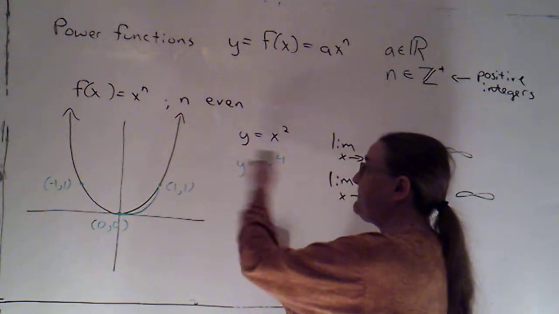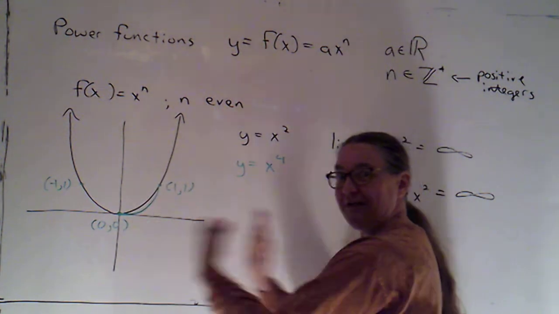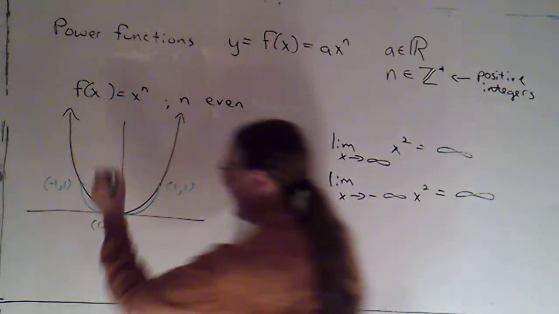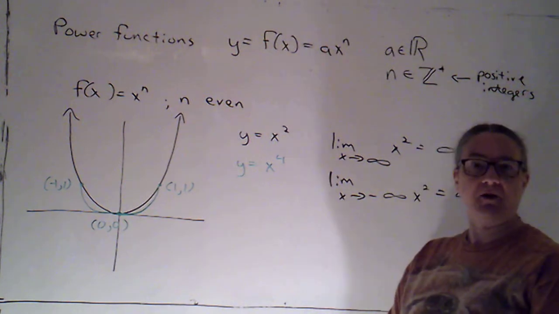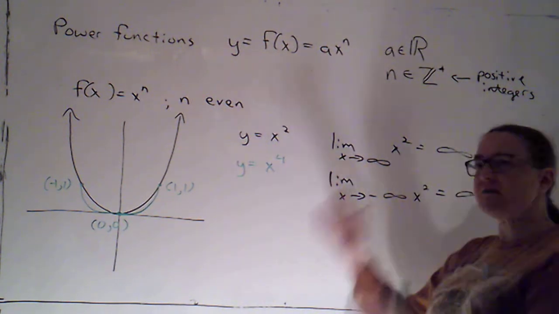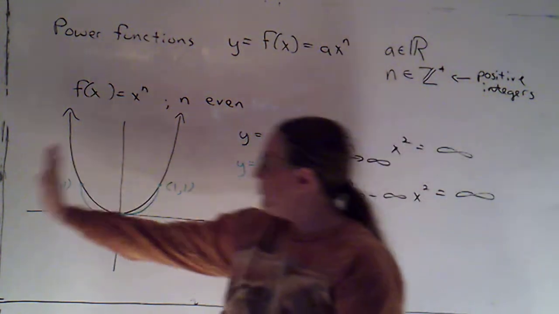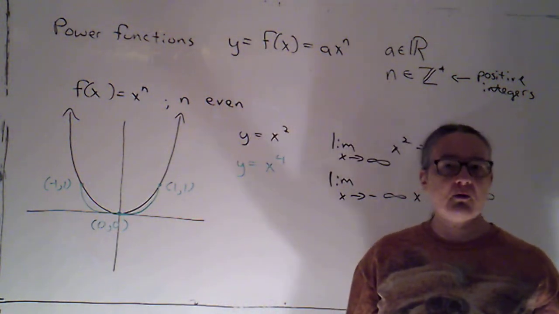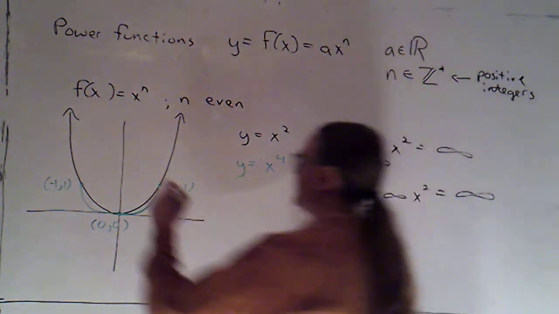And of course, even powers are examples of even functions. They're symmetric about the y-axis, so I'm going to have a mirror image of that over there. But once we pass 1 on the right or negative 1 on the left, now taking x to a bigger power is going to give me a bigger result.